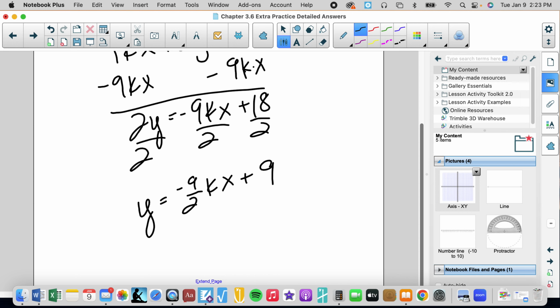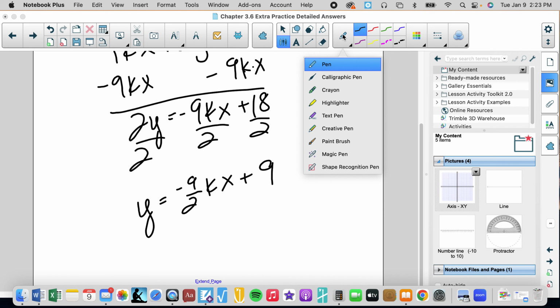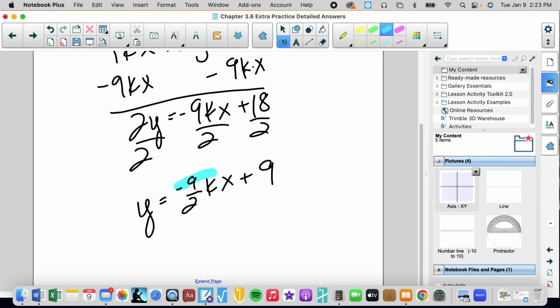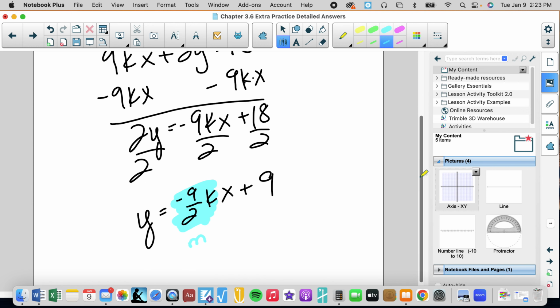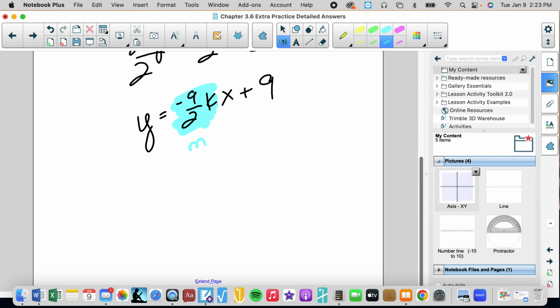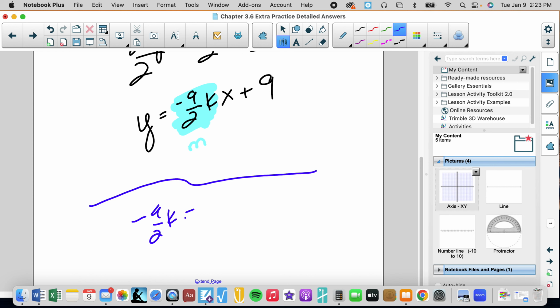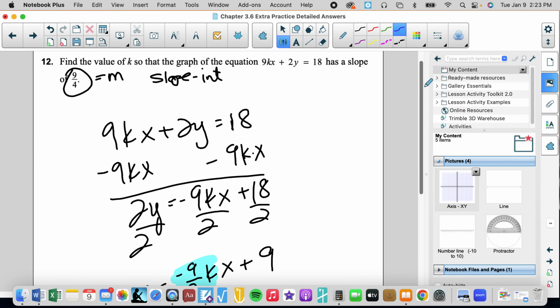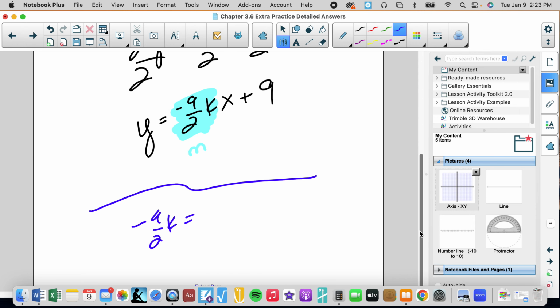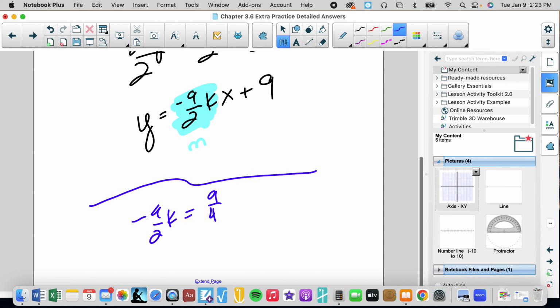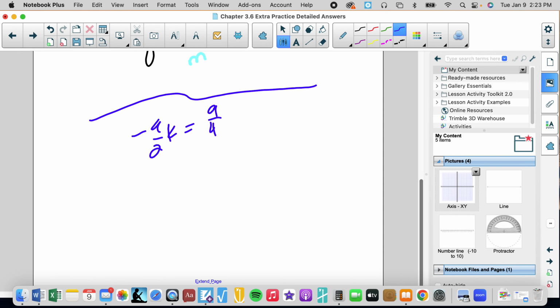So remember, m is the coefficient of x. So this would be my m value. That's what m equals. So if I need m to equal 9/4, I can set those two equal to each other. So we need negative 9 halves k to equal positive 9/4. So I can solve it. Well, how am I going to?